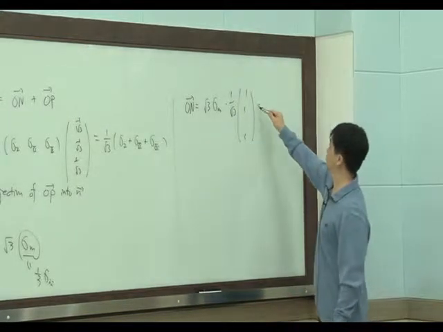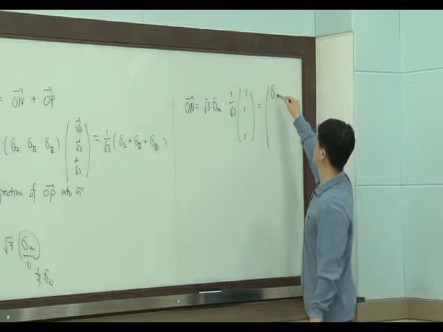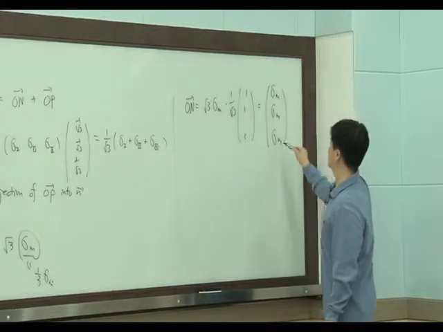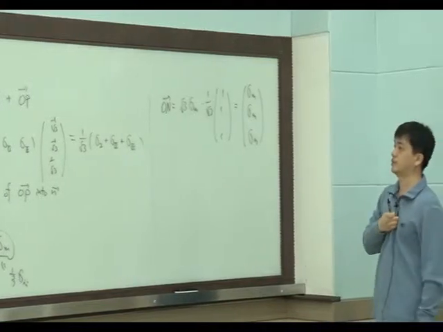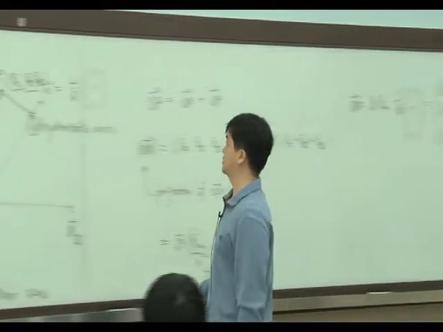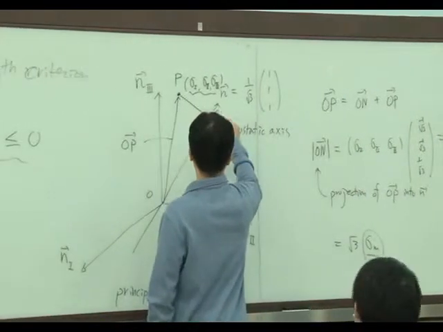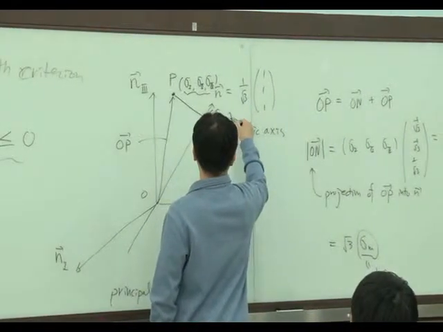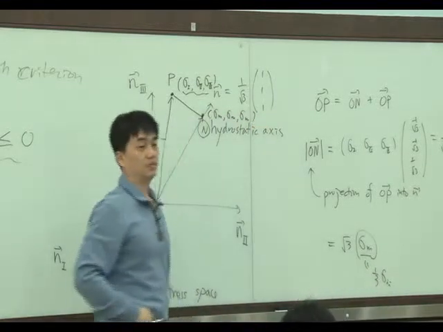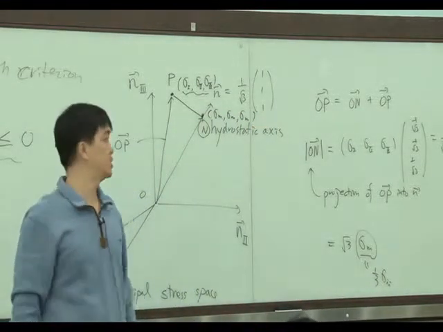So this becomes sigma m, sigma m, sigma m. So the position over here is sigma m, sigma m, sigma m, the mean stress. Sigma m is the mean stress.